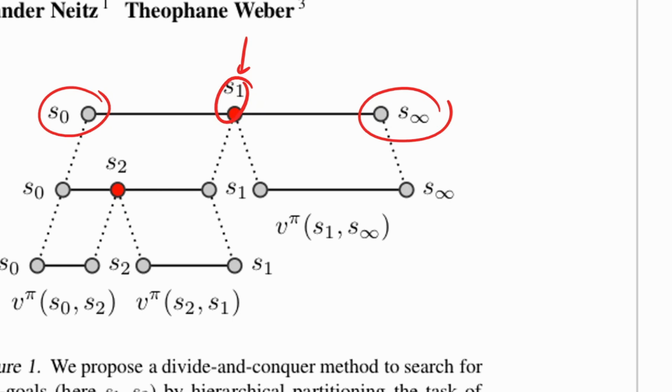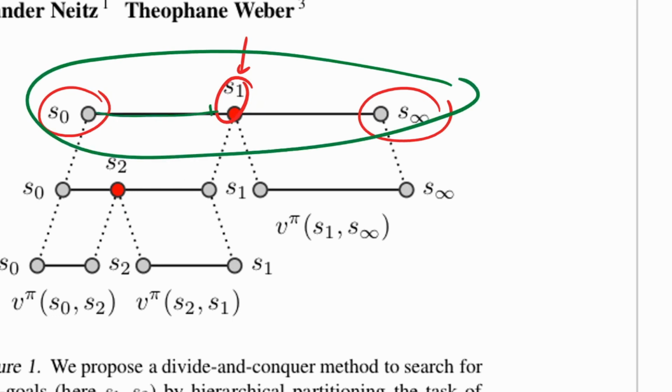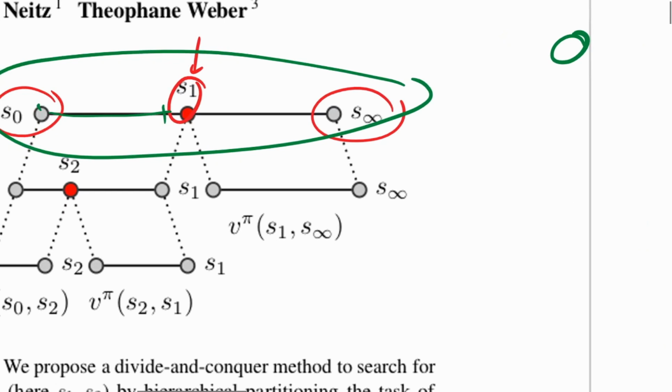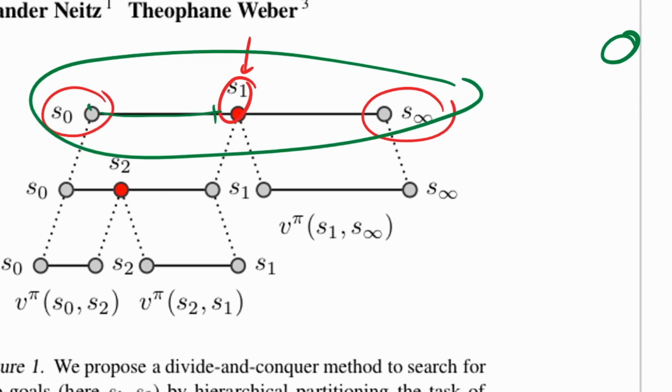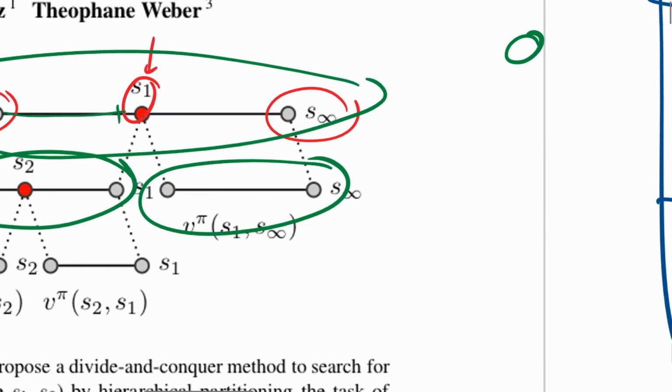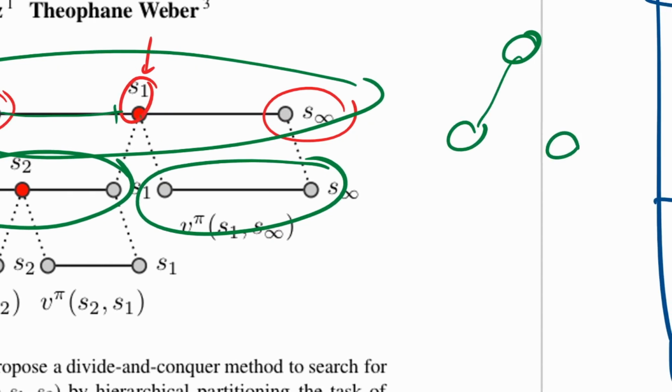So each of these plans, even if it's only half done, like this is only half a plan, we don't know what's going to happen in here. This half a plan is a node in the tree that we're searching over. And then it splits, as you can see here, into 2 sub-problems. The 2 sub-problems also are nodes in that search tree.